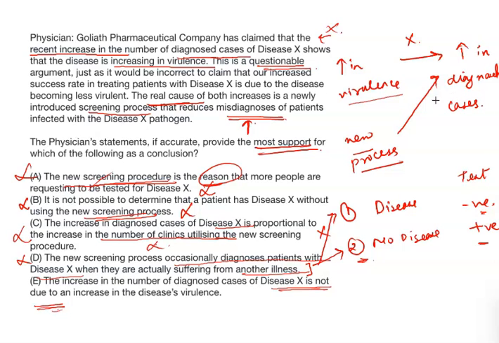But the physician is saying that, no, this is not true, but a new process is causing the increase in diagnosed cases. So option E is exactly this. It says that increase in the number of diagnosed cases is not due to an increase in virulence. Understood? So the correct option here is option E.